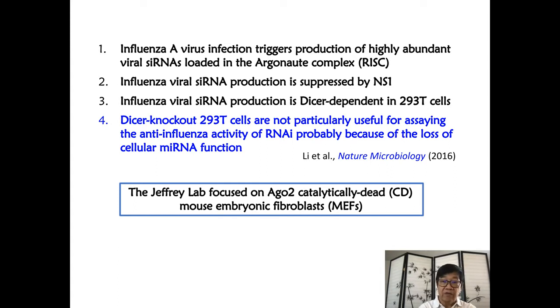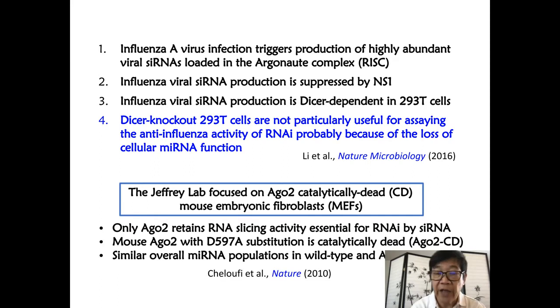Just some background: human and all mammals encode four Argonaute proteins, and only Argo2 retains RNA slicing activity, essential for RNAi by synthetic siRNA.